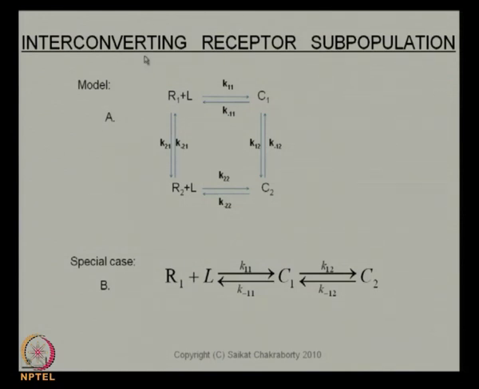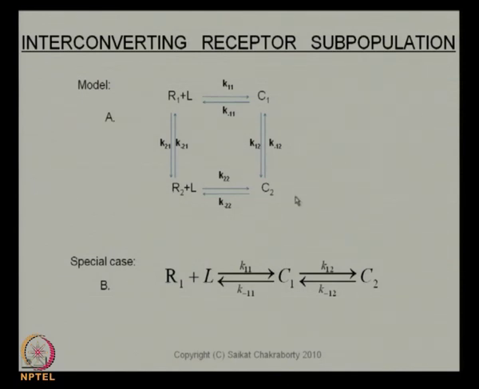This is the most general form of the model, R1 plus L. R1 is my receptor population 1, and R2 is chemically the same receptor, but R1 with the conformational change. R1 plus L forms the complex C1, and R1 changes to R2 and forms the complex C2.